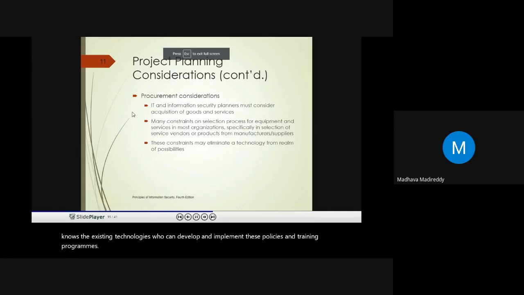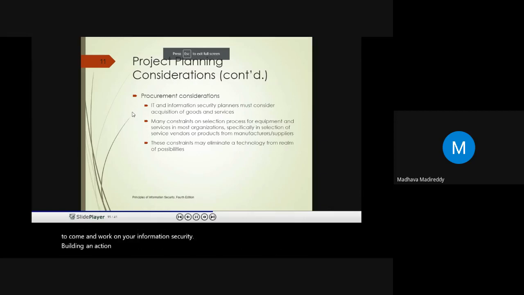Then we have procurement considerations. Procurement means the things that we need to get for the implementation of the plan. IT and information security planners must consider acquisition of not only goods but also some services, like for example, you may need some consultancy team or some security professional team to come and work on your information security building and action plan.